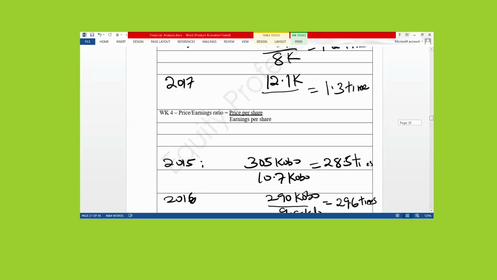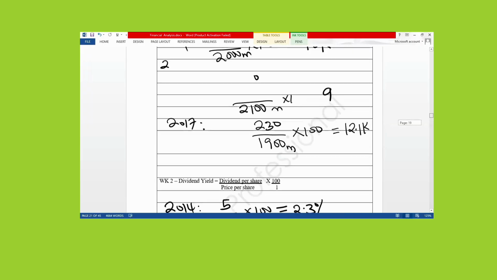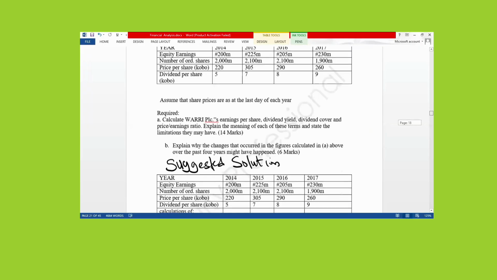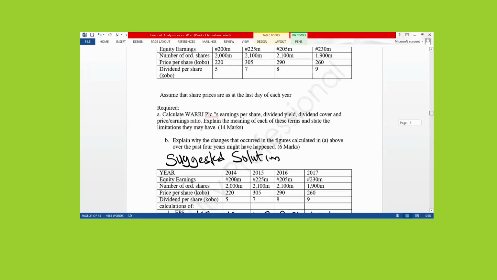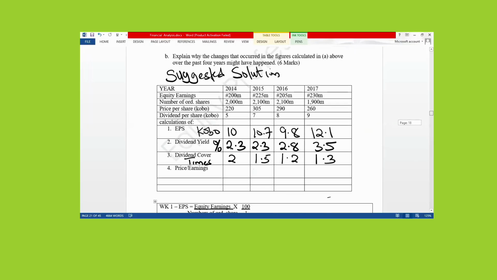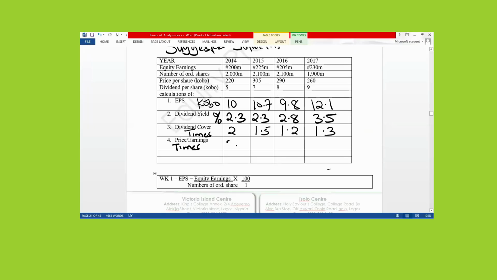You can return to your calculation. 22 times, 28.5 times, 29.6 times, 21.5 times. You are done with the calculation of the selected ratios, or the recommended ratios.